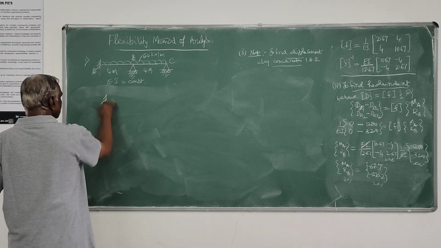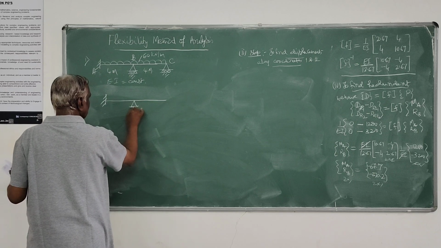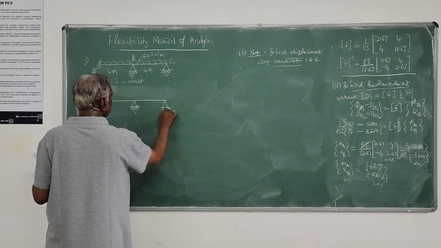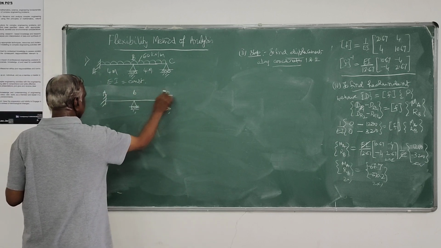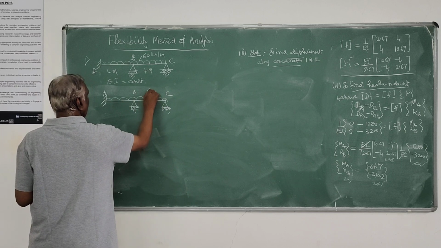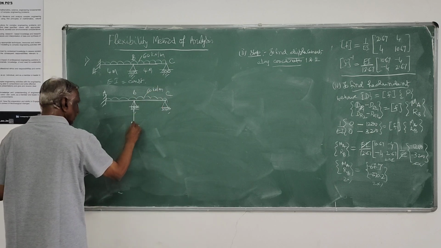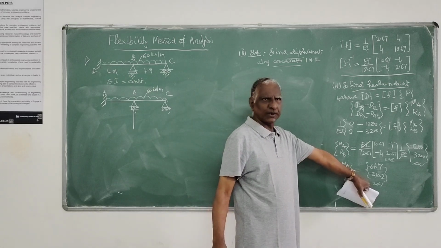Now you write your given problem straight away. This is your problem: A, B, C subjected to a full UDL of 60 kilonewton per meter. Now this RB, you are getting a minus value.